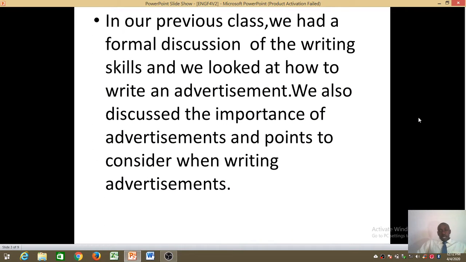Now, in our previous class, we had a formal discussion of the writing skills, and we looked at how to write an advertisement. We also discussed the importance of advertisements and points to consider when writing advertisements. In that lesson, we were only trying to look at the improvement of the writing skills as far as the English language is concerned.